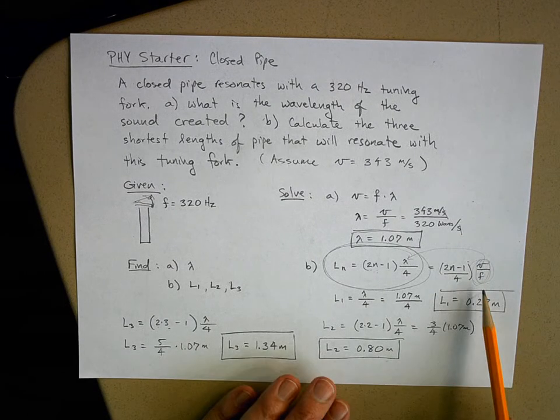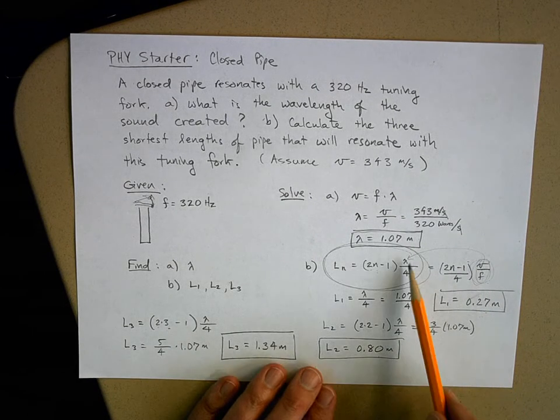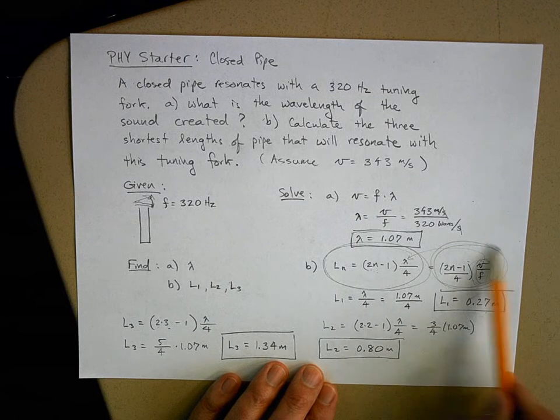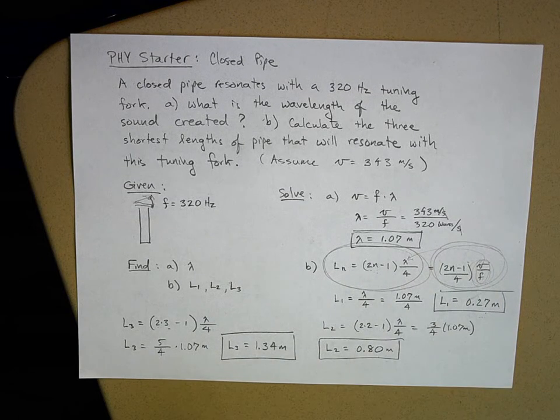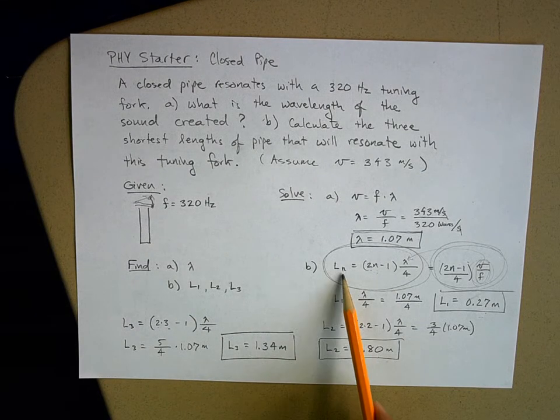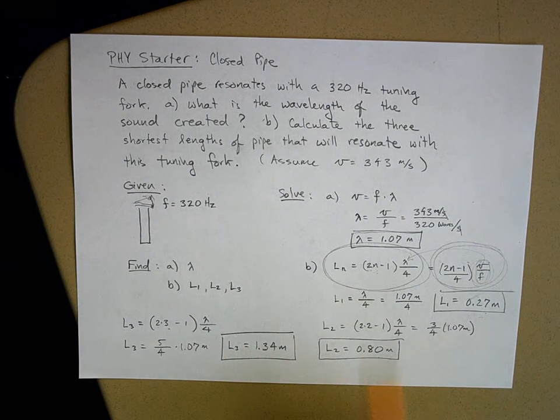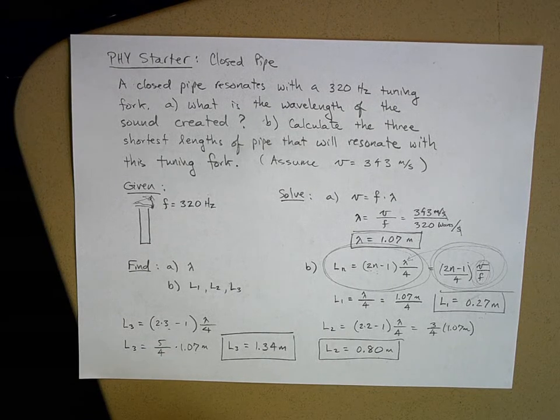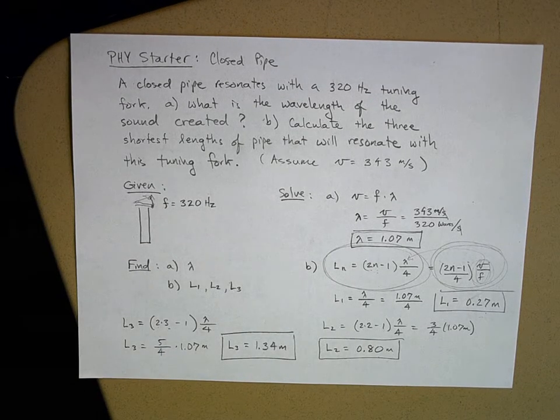Or if I give you the frequency directly, well, you can figure out the wavelength. You can use either one of these. But you need to know how to use them. And you need to know what that little n is. It's like 1, 2, 3, 4, you know. Any questions? Okay, that is all.